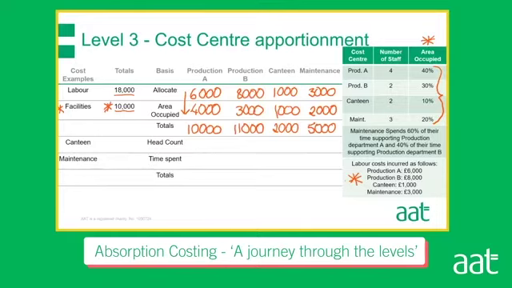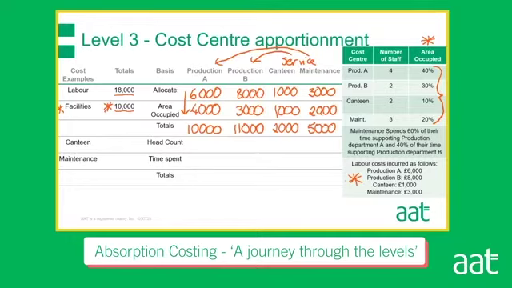So what I want to do next is reapportion, recharge basically the service centers to production based on the services they are providing to the rest of the business. Now, in my example here, the recharge mechanism is shown there in the middle of our table.